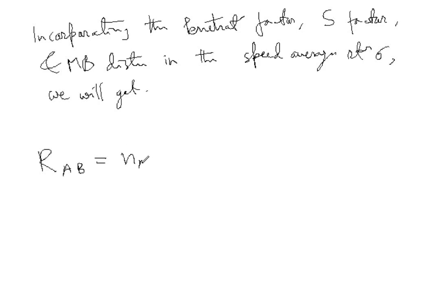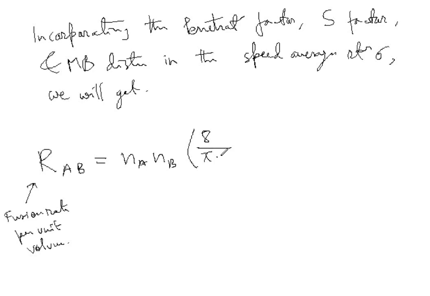and the term is N_a into N_b, and this is the fusion rate per unit volume. So N_a into N_b, next term is 8 by pi, and this is mu, the reduced mass, to the power half, 1 by k_B T to the power 3 by 2, right?